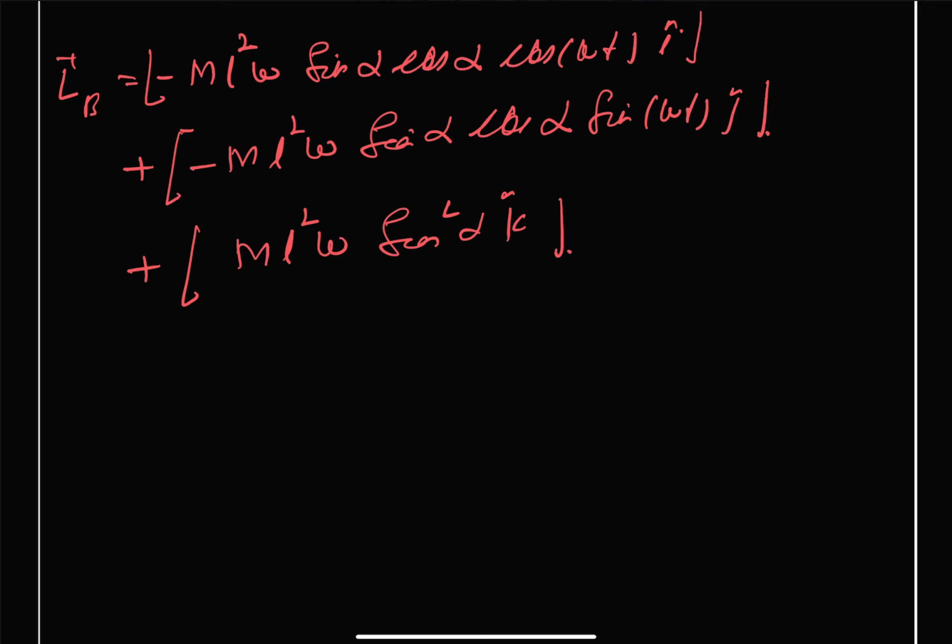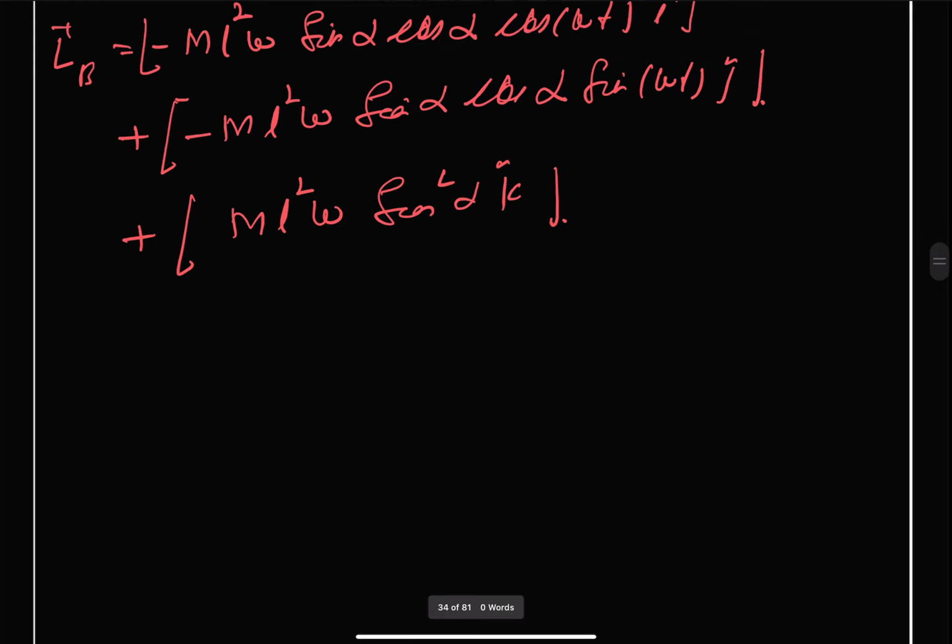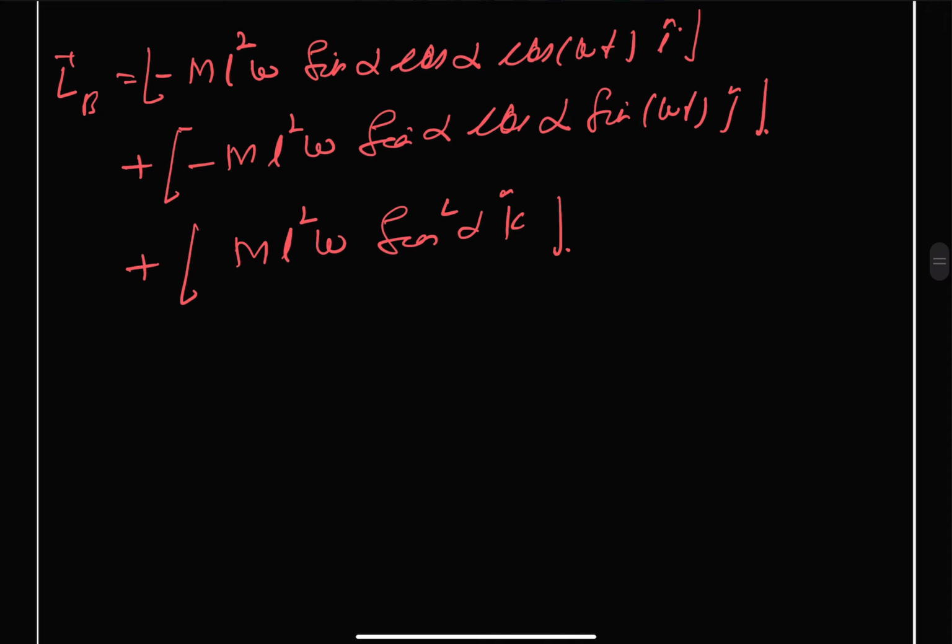So now we can find out its magnitude, and its magnitude will be equal to, this comes as our square, that is sine square cos square omega t, and here also it will be sine square cos square and sine square omega t.